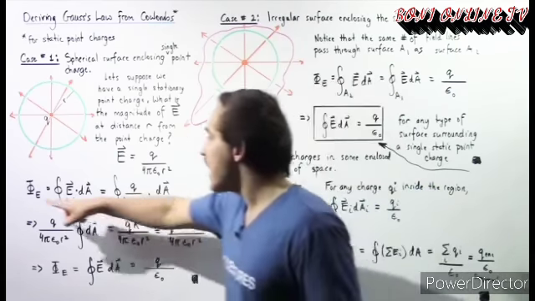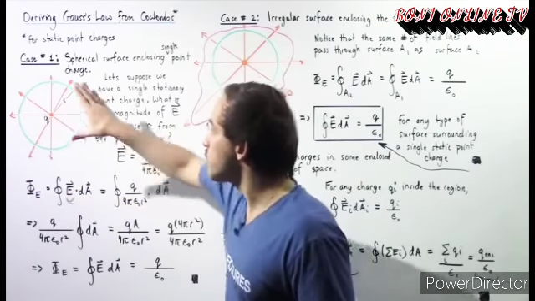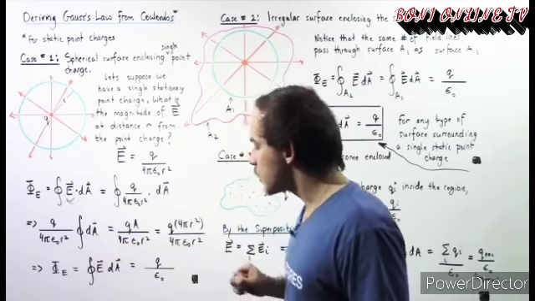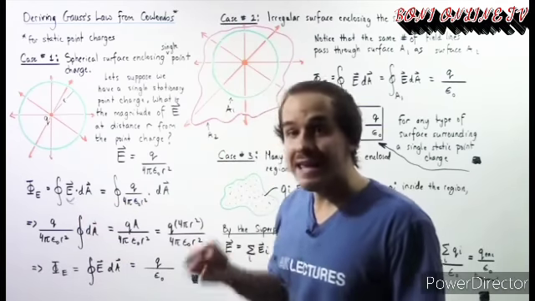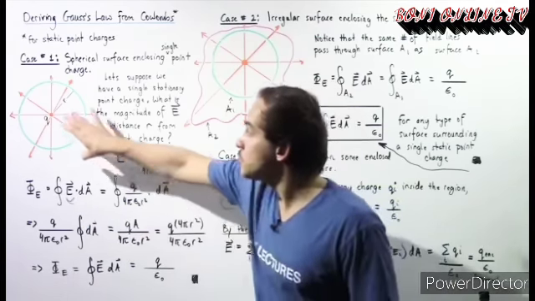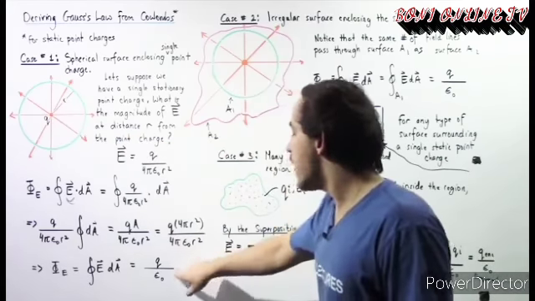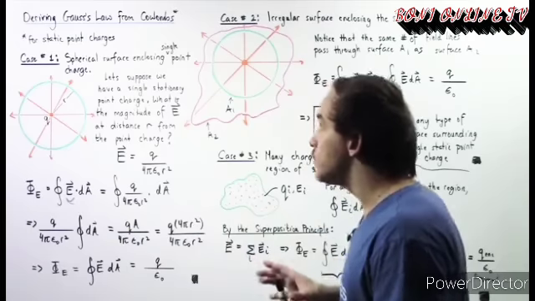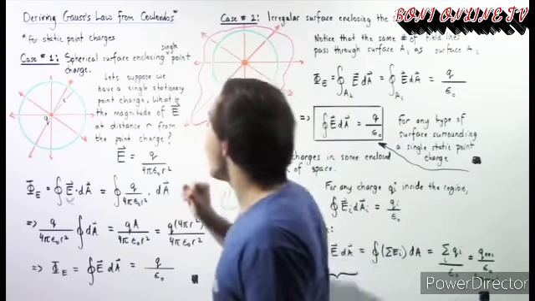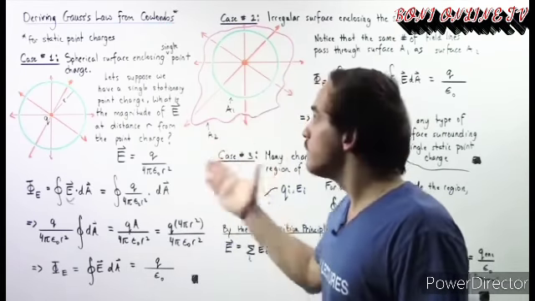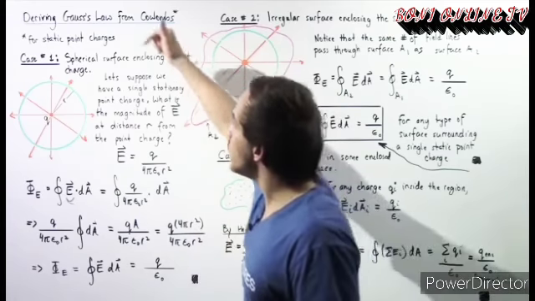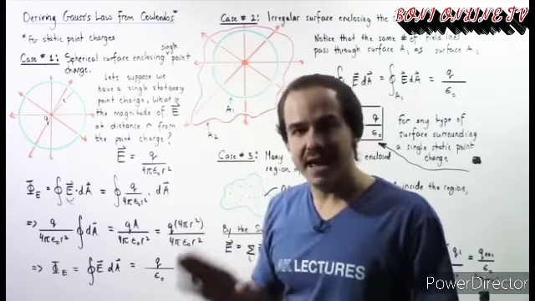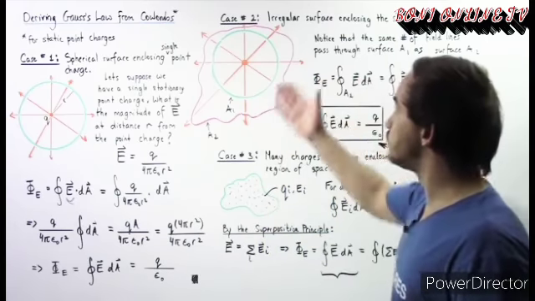So we see that our electric flux for this particular case, the closed integral of E dA, equals Q, the charge inside our region, divided by epsilon naught, our constant. So we were able to derive Gauss's law from Coulomb's law for case number 1 when we dealt with a spherical surface enclosing a single stationary point charge.